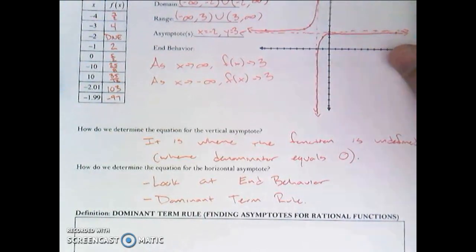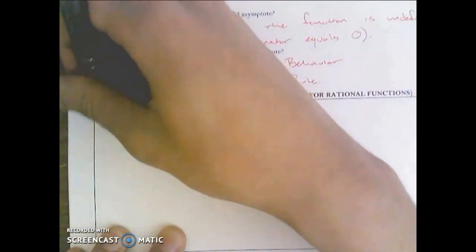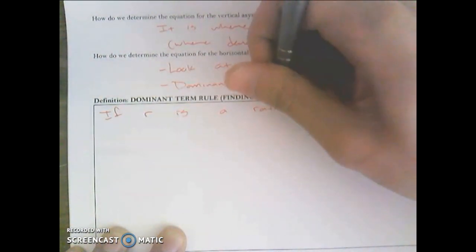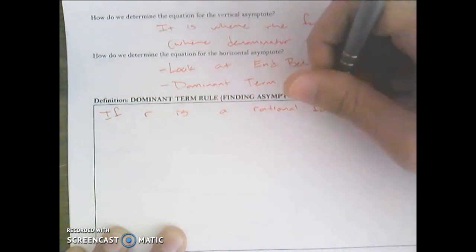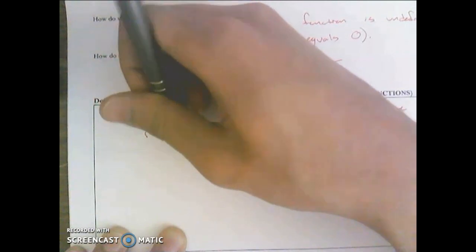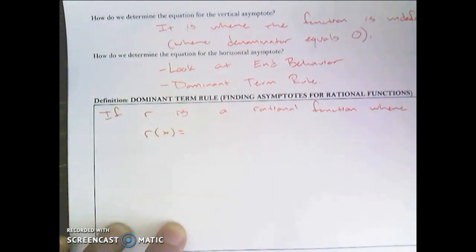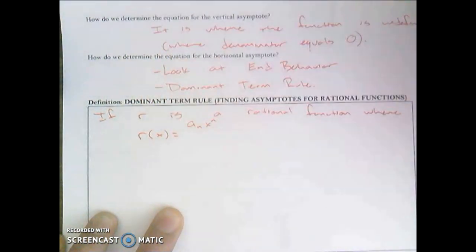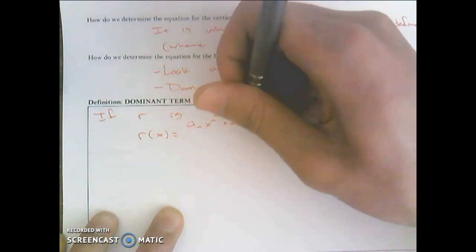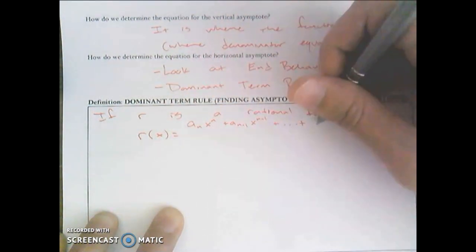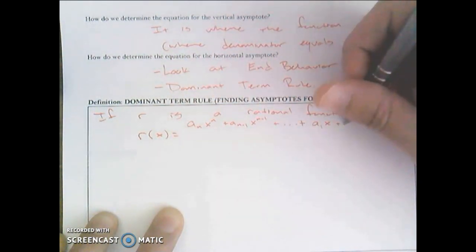So the dominant term rule says that if r is a rational function, and I'll go ahead and write out what r could be, r of x is equal to a polynomial over a polynomial. So we'll say that we have a_n x to the n plus a_(n minus 1) x to the n minus 1, plus all the way to a_1 x plus a_0.